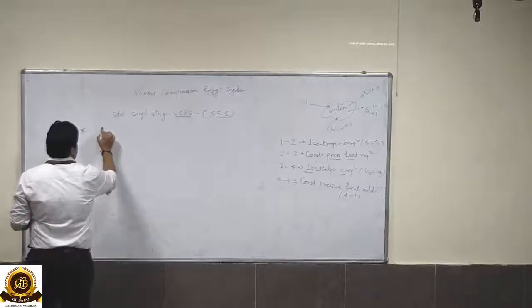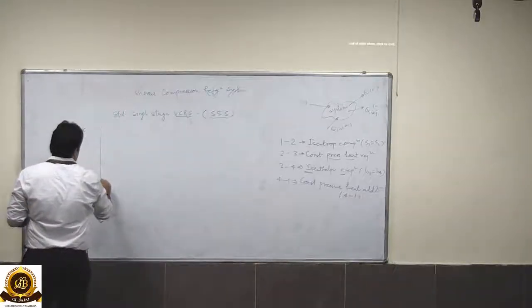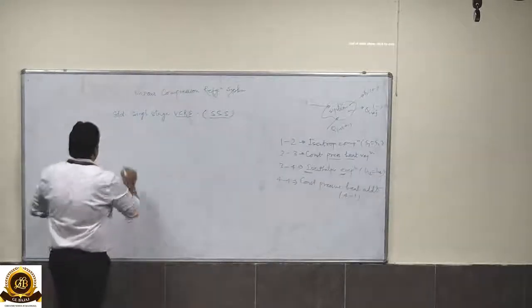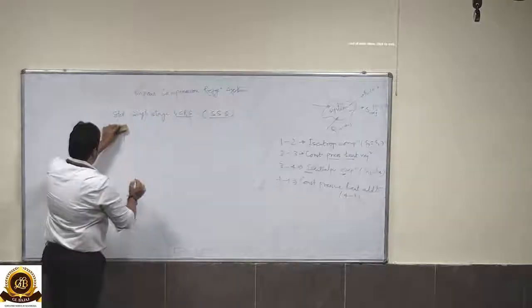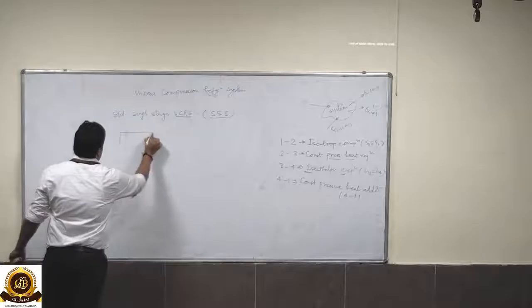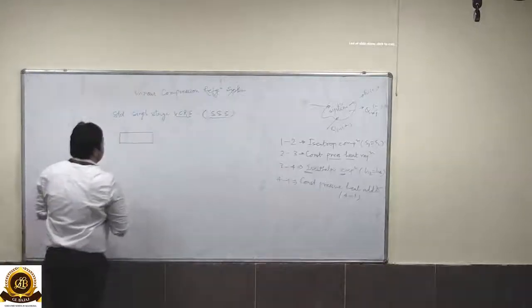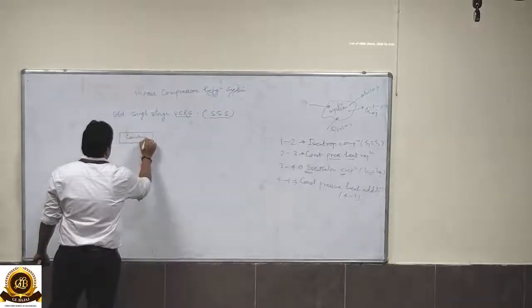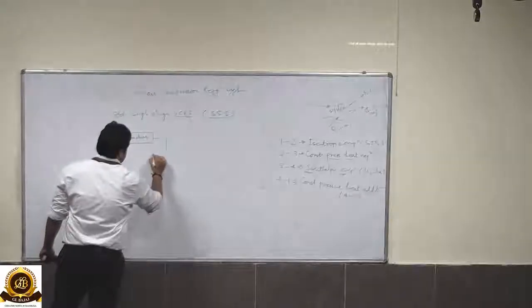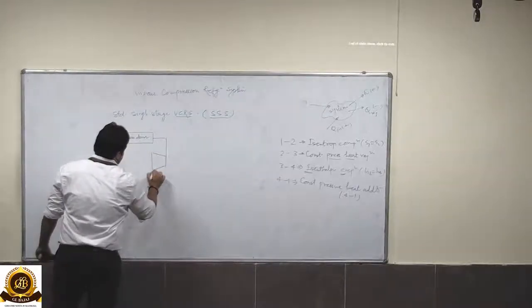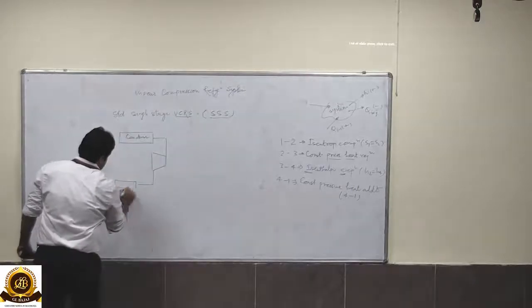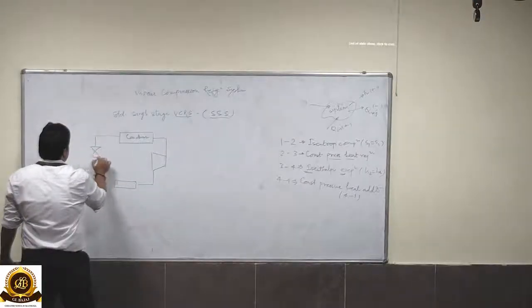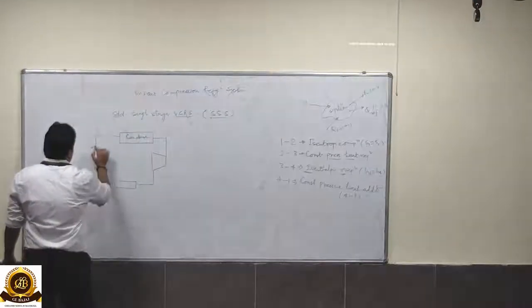We can see there is a condenser, there is a compressor, again there is an expansion device and an evaporator.